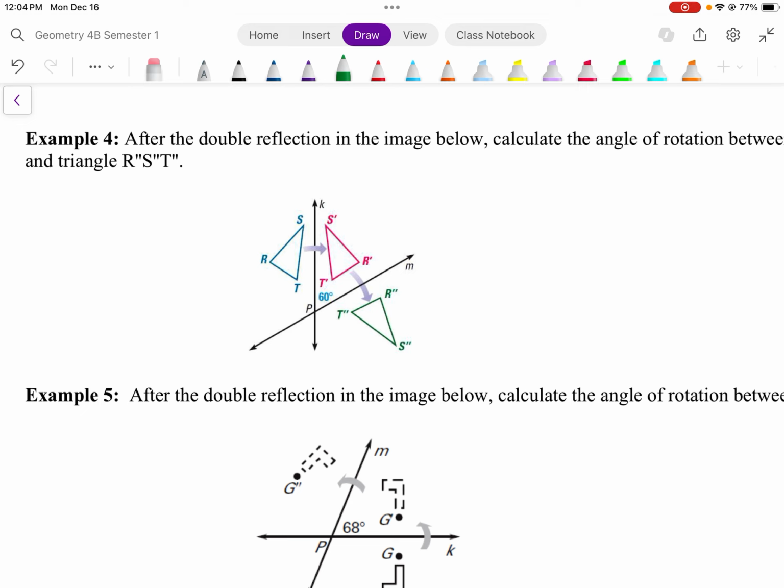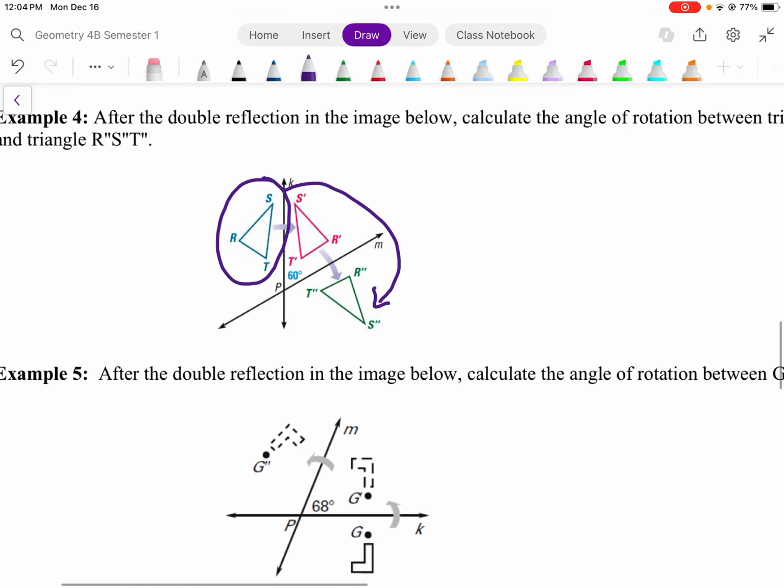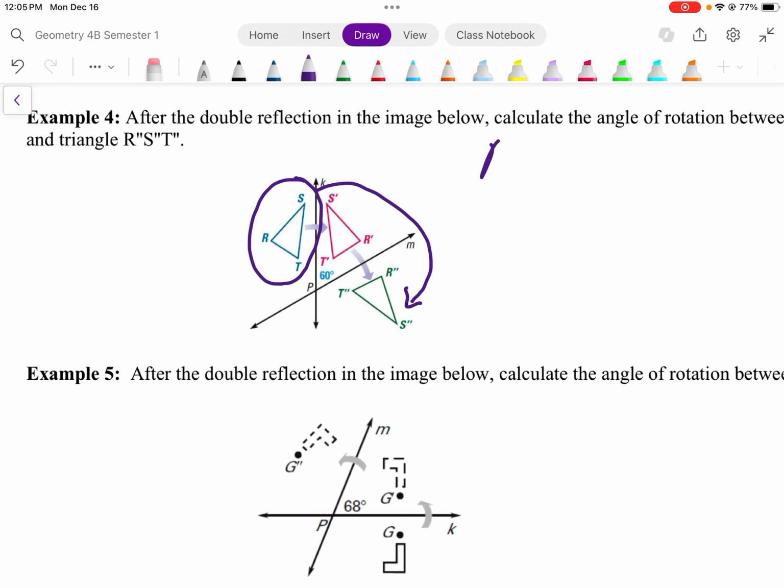Okay, then the next part, we have double reflections. And when we have a double reflection, what we're really doing is the shape ends up being rotated to get to the double prime after you reflect it twice. And what they're going to be asking you for is the angle of rotation.